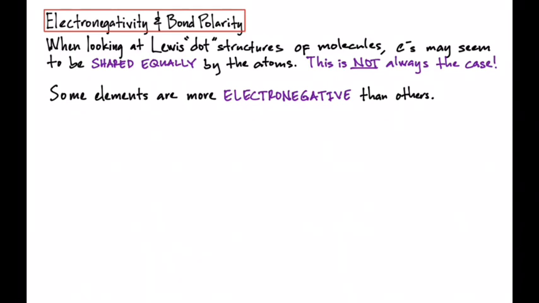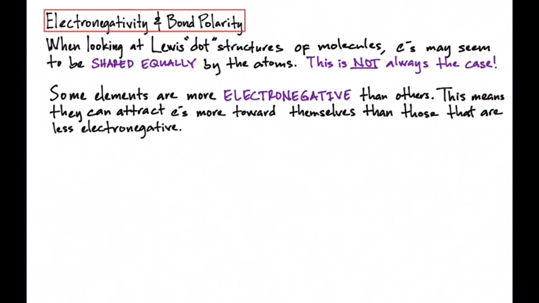So what that means is that some elements in the periodic table have the ability to attract electrons more towards themselves than those that are less electronegative, meaning more electropositive. So here we have hydrogen fluoride as an example, and hydrogen fluoride is a heteronuclear diatomic molecule, meaning it's a molecule containing 2 different atoms.